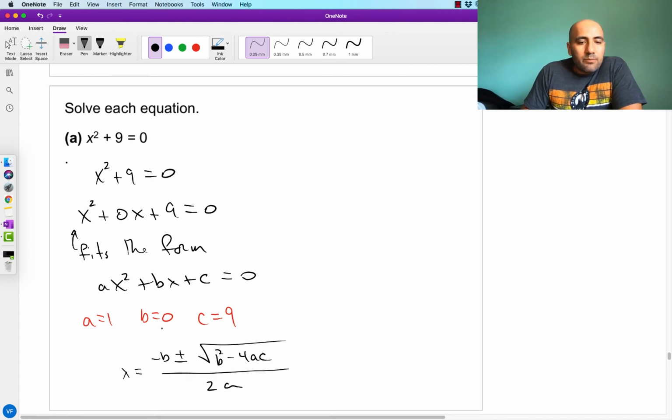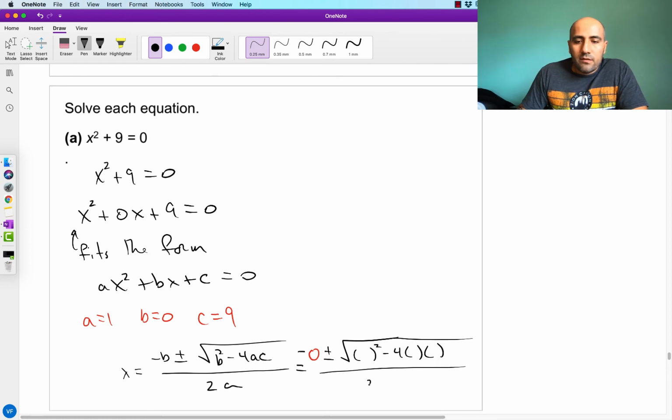And now it's just a simple plug and chug, right? The b is a 0. So this is going to be equal to plus or minus the square root of negative 4 times something. Let's just put it in there, make sure people see where that's coming from. This is going to be negative 0, and then 0 squared minus 4 times something all over 2 times something.